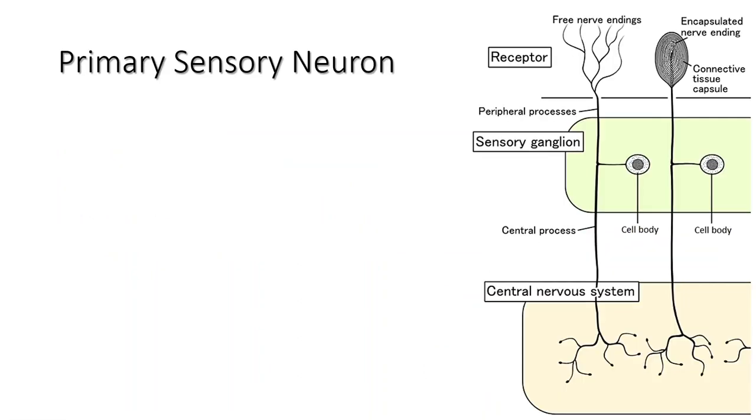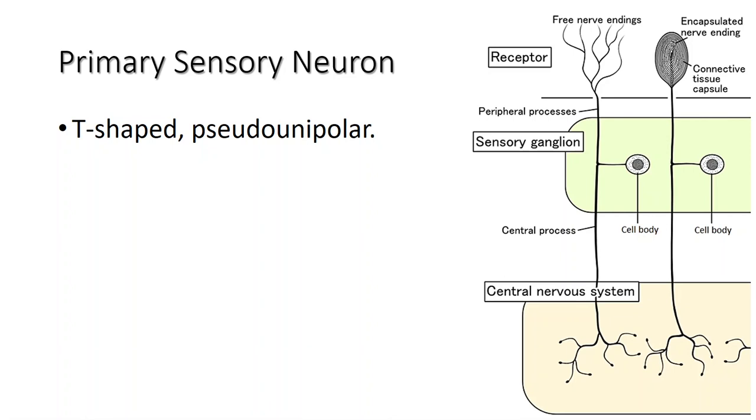The primary sensory neuron is a T-shaped pseudo-unipolar neuron with peripheral and central processes. Its cell body is located in the dorsal root ganglion.